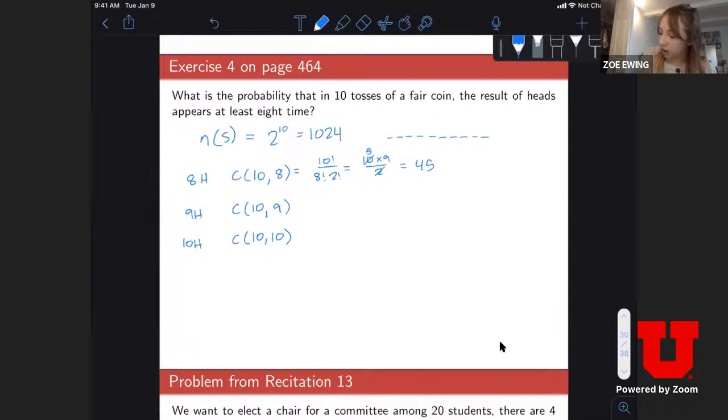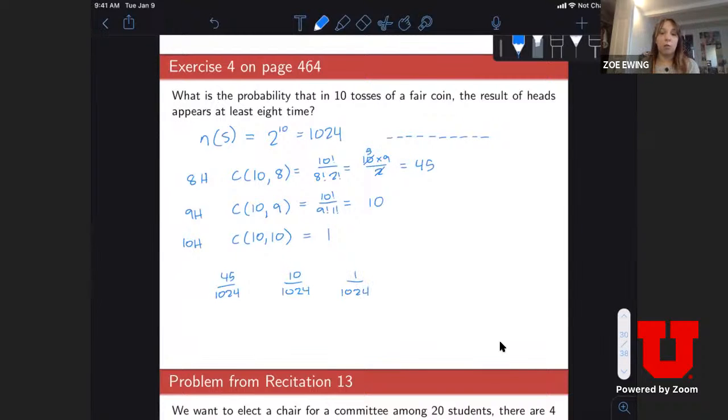All right, 10 factorial over 9 factorial is just going to end up being 10. And 10 choose 10 is just going to end up being 1. Okay. So we have 45 over 1024 is the probability of getting 8 heads. This is the probability of getting 9 heads, and this is the probability of getting all 10 heads.